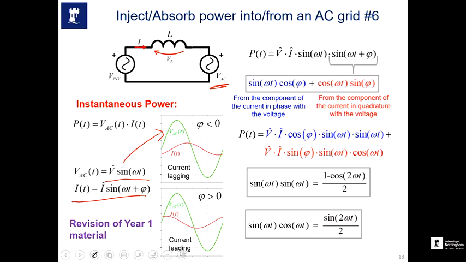So if phi is less than 0, then we can assume the current is lagging. As you can see, lagging means the current is starting from 0 a little bit later than when the voltage is starting. So voltage is starting from 0 there, and current is starting from 0 there. Leading means the current is starting from 0 a bit earlier.